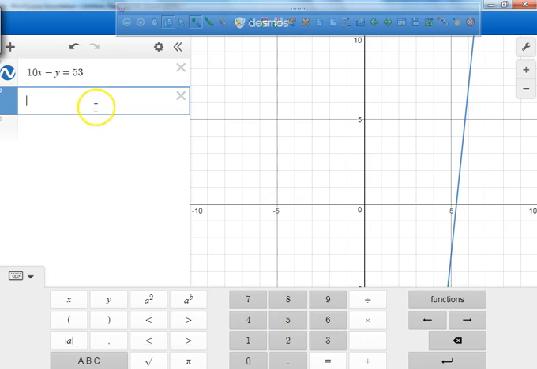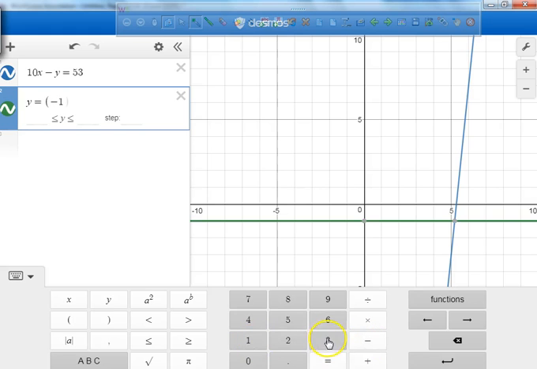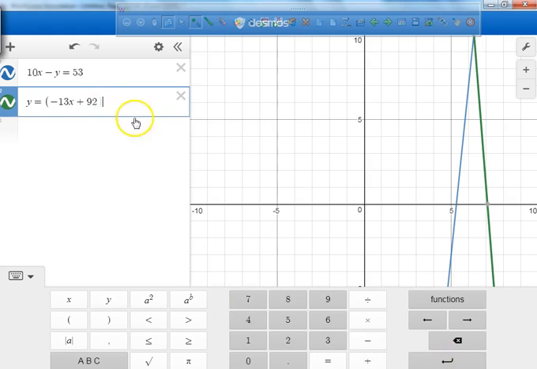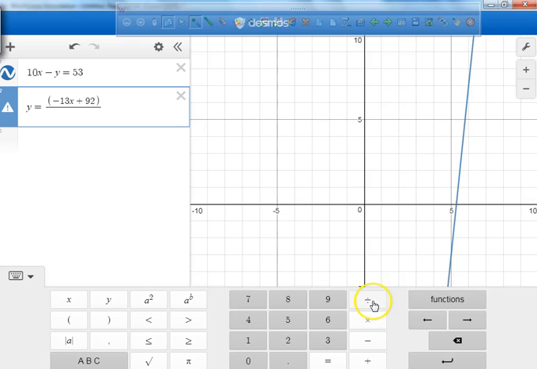Okay. And the other one, we had a fraction, so I've got to find my fraction bar. I know I didn't do y for the first time, but I'm going to go ahead and do parentheses, negative 13x plus 92, close parentheses, divided by 2.